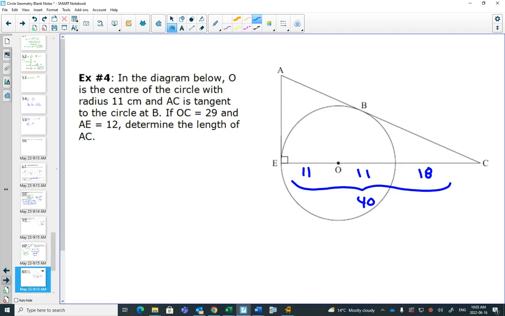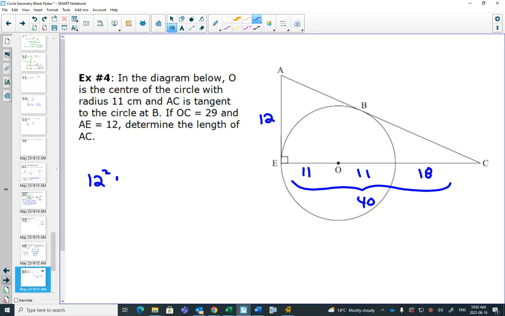That's important because I have a big right-angled triangle. I want to figure out how long it is from A to C. Oh, they do tell us another thing. I was like, I'm missing something. They tell us that this is 12. And a squared plus b squared equals c squared.